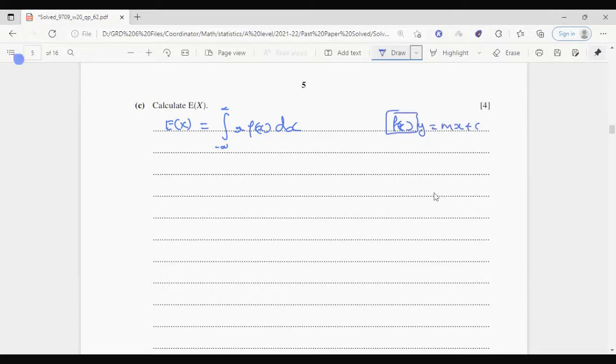Using the 2-point formula, you can find out the gradient, which is minus 2 by 9. So y equals minus 2 by 9 x plus 2 by 3.